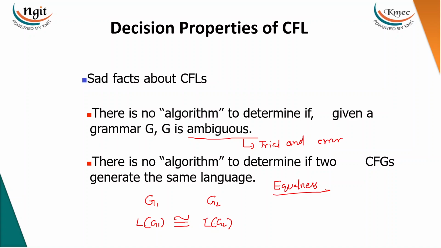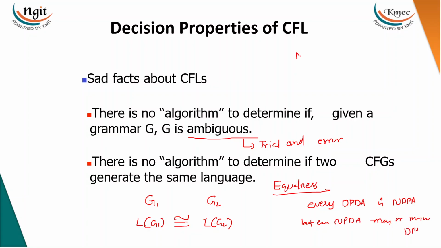We don't have any particular algorithm to prove this. Why? As we have already discussed, every DPDA is an NPDA, but every NPDA may or may not be a DPDA.